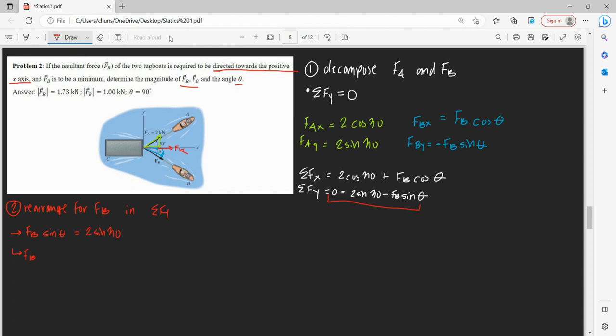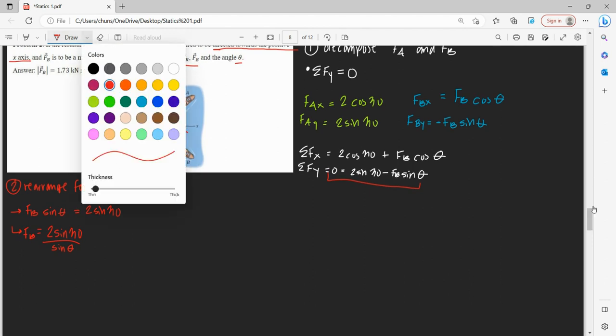And then Fb is equal to 2 sine 30 over sine theta.